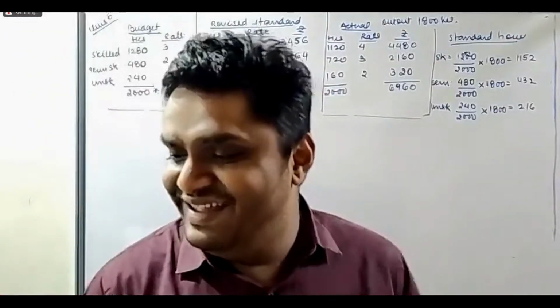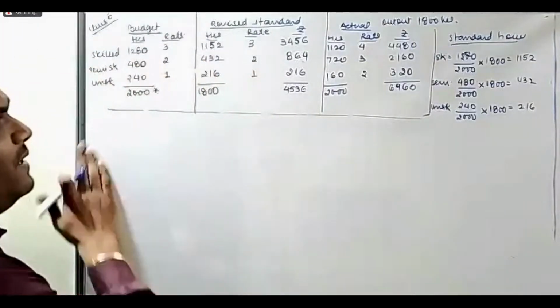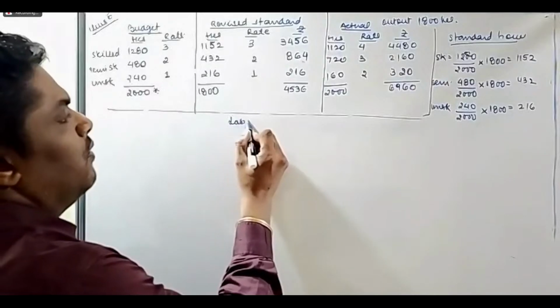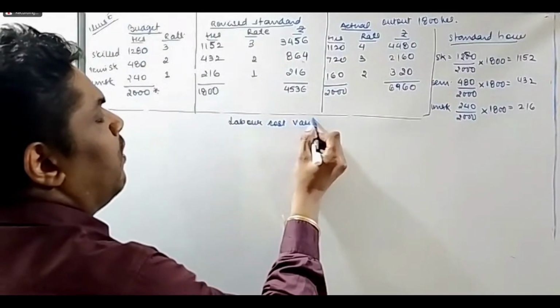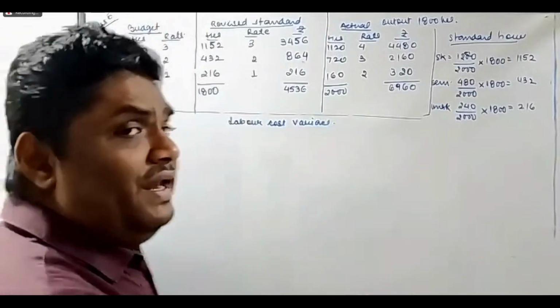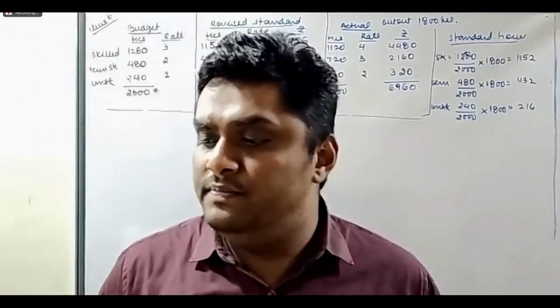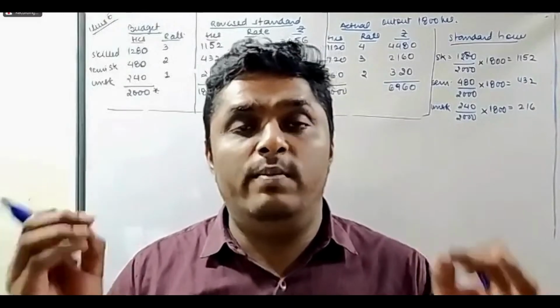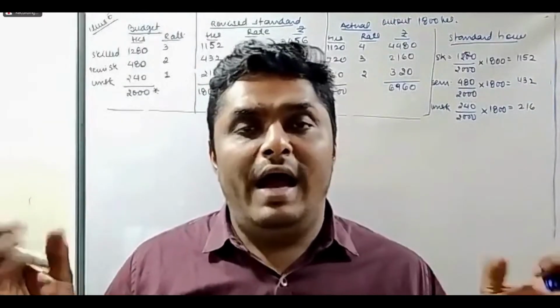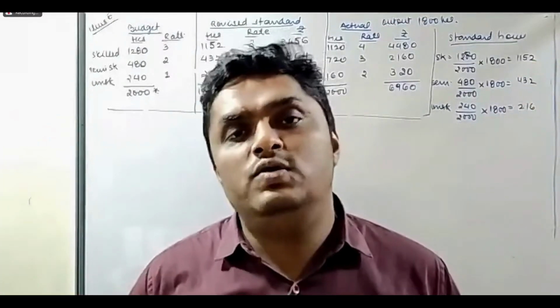Sorry. So now let's start with labor cost variance. Again, guys, do make a note of it. For material, labor, I'll be using the standard format to solve all the questions.